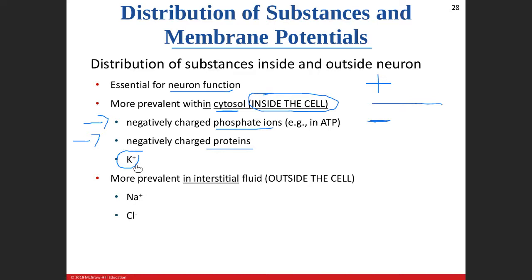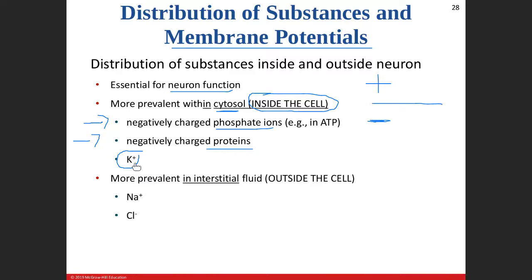So if potassium is positively charged and it starts to leave the inside of the cell, will that make the inside of the cell more negative or more positive? Let me repeat myself. The phosphate ions can't leave, the proteins can't leave, and they're negatively charged.